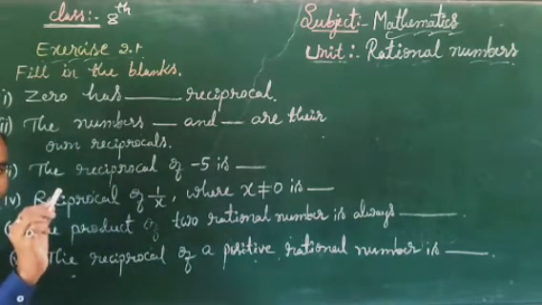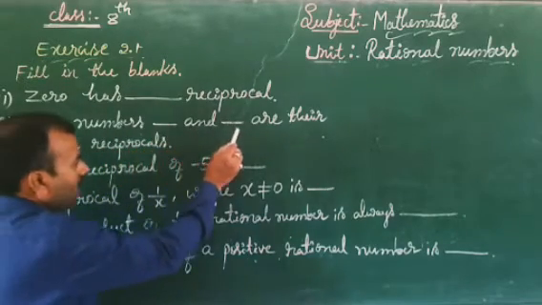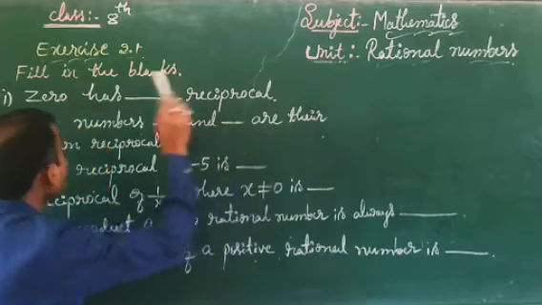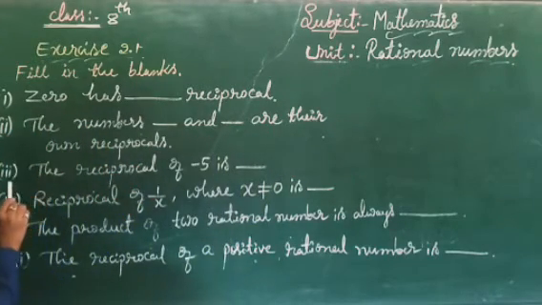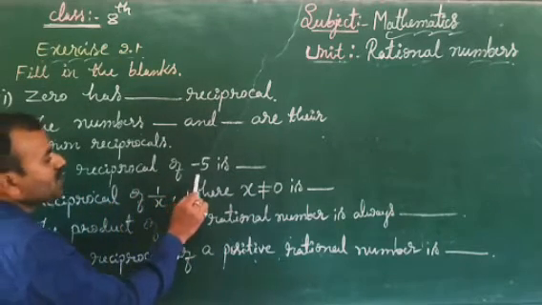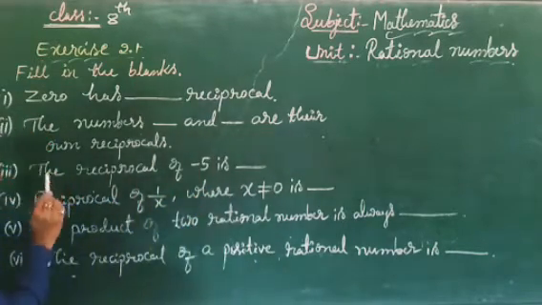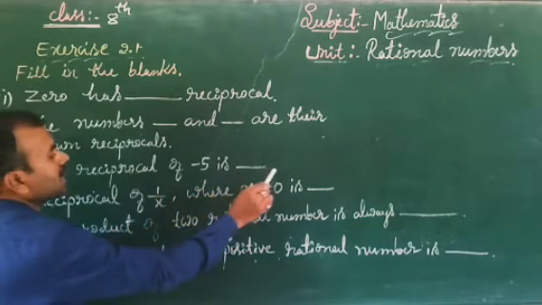You should remember, the numbers dash and dash are their own reciprocals. Third one, the reciprocal of minus 5 is dash.